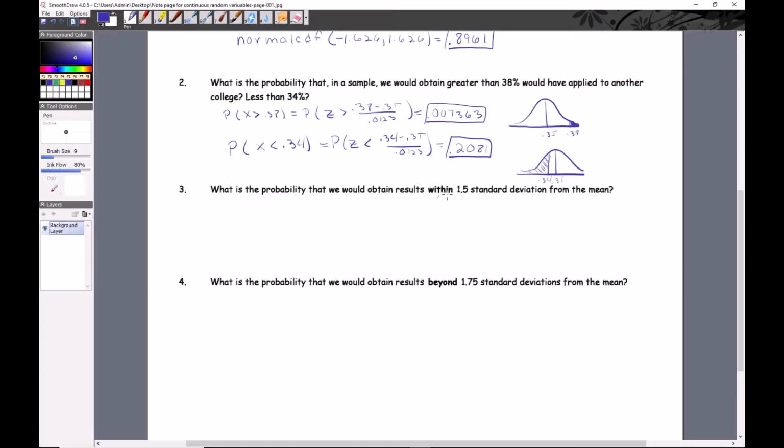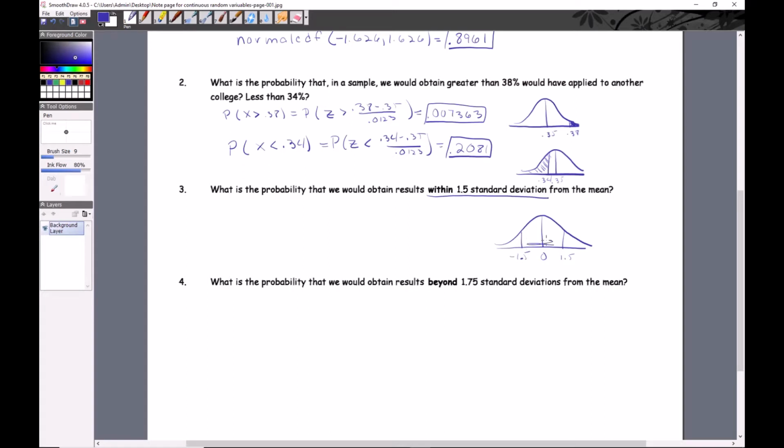This we don't have to do any standardizing at all because we want results within 1.5 standard deviations from the mean. Remember the within from the PowerPoint? So if we draw that out as a curve, all right, since 1.5 is a standard deviation, it is a z-score. So we'll just plop positive 1.5 here and negative 1.5 here.